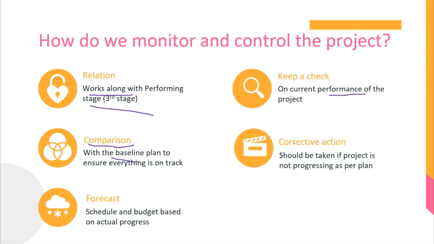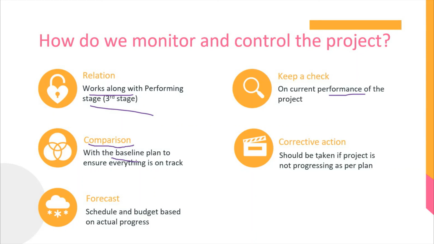But if the comparison reveals that we are falling behind the project schedule or we are overspending, then corrective action needs to be taken. Then he needs to discuss his action with the sponsor or the customer and get the project back on track.